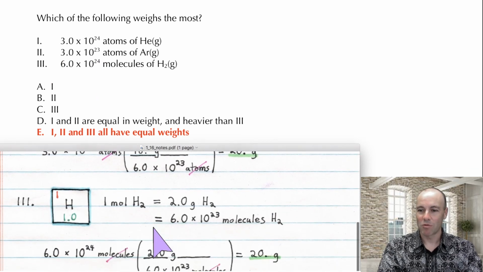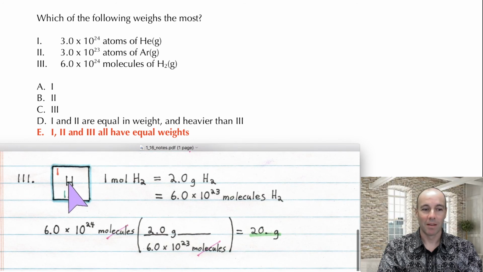So looking up hydrogen on the periodic table, it's the first element and atomic mass 1. And since we're talking about H2, we have to multiply this number by 2. And so 1 mole of H2 is 2 grams. And we have 10 moles of H2. So that would be 10 times 2 grams, or 20 grams.